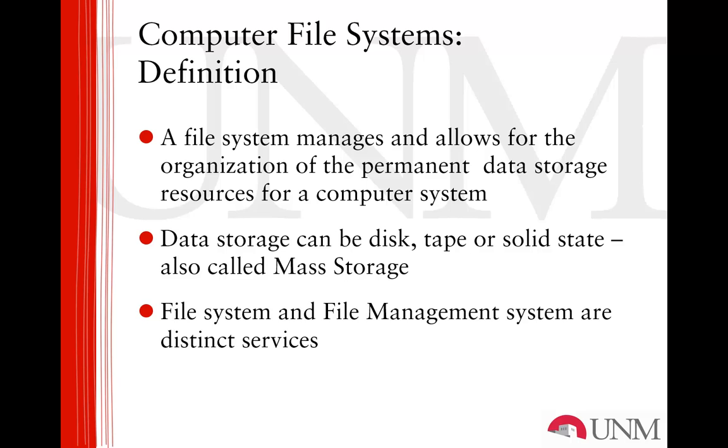File systems are distinct services that an operating system provides, and file systems can be mounted on a variety of storage media. So most likely you're going to be interfacing with hard drive storage, but it could also be disk and tape.